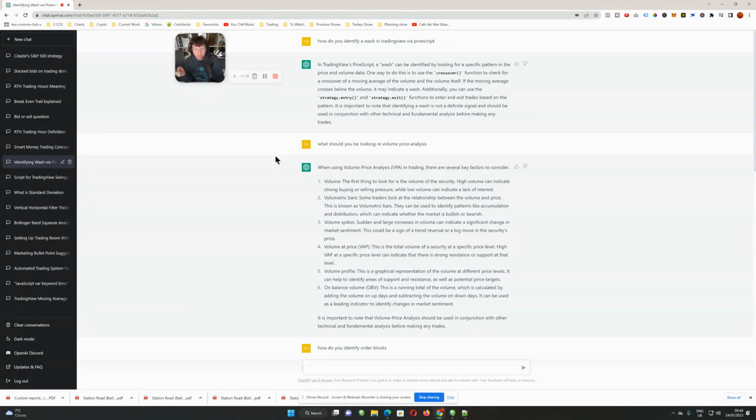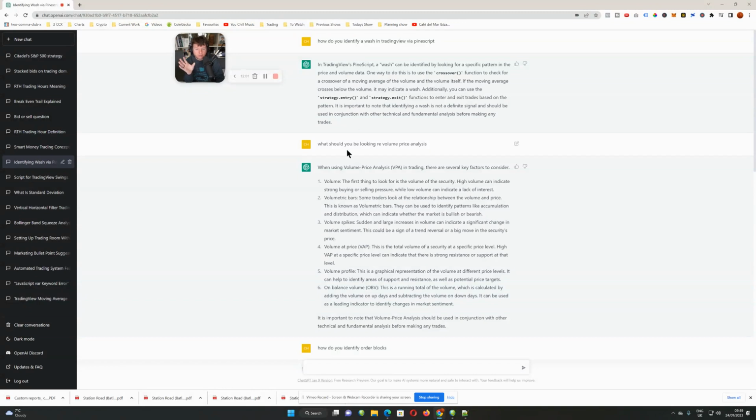The fast moving average is going to cross quickly over the slow moving average, and potentially you can use that. Then you can use these functions, strategy exit and strategy entry. Now, that doesn't really give you a full script, but it does give you ideas as to how to start it. And then you can ask ChatGPT to go a little bit further.